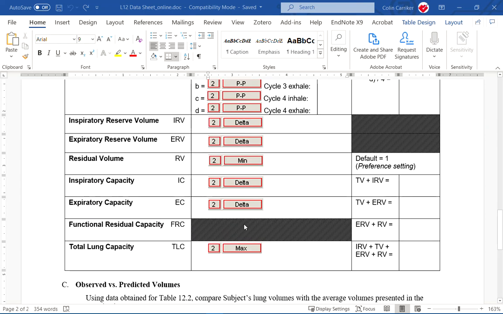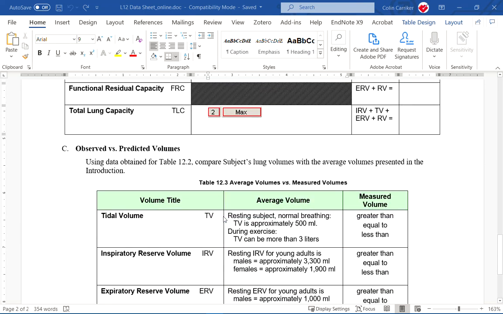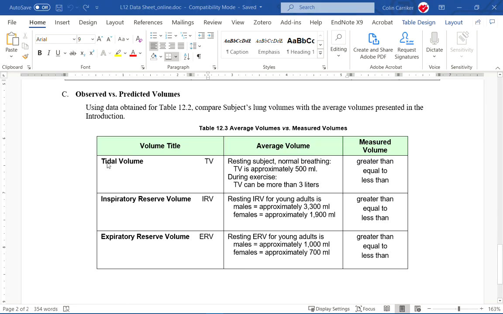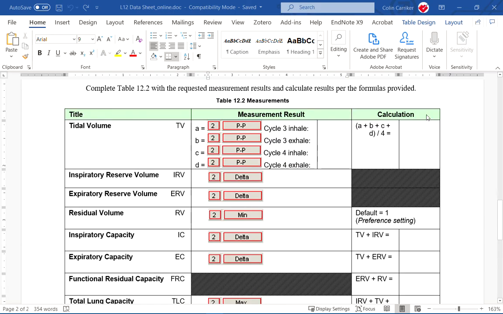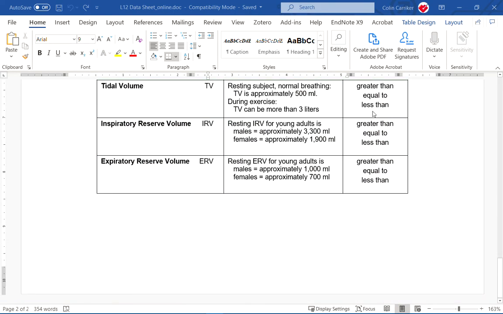So with that, you'll have a couple other components of your data sheet. So this is saying tidal volume. So if a resting subject's normal breathing tidal volume is approximately 500 milliliters, was the measured volume of your participant for tidal volume, this value right here, greater than, equal to, or less than 500 milliliters? You'll do that for inspiratory reserve.